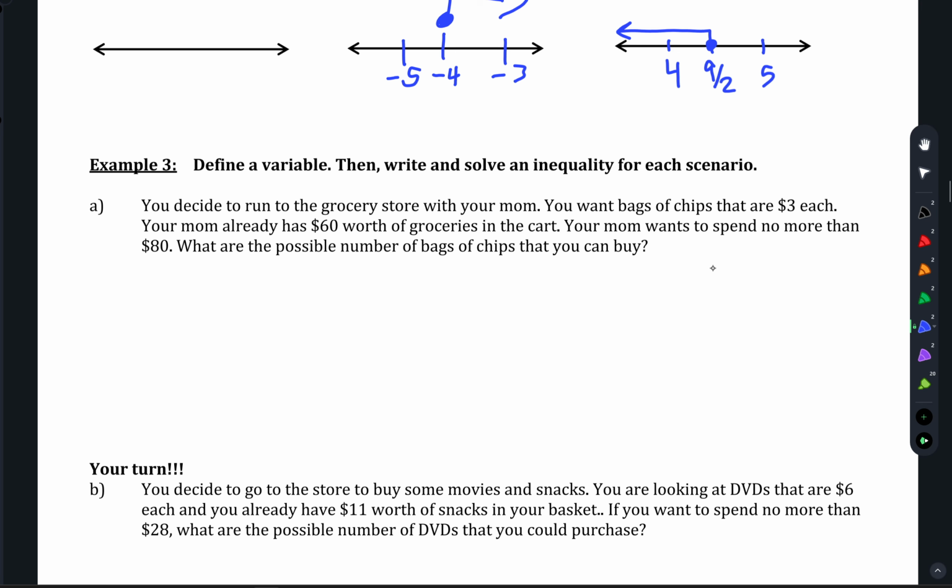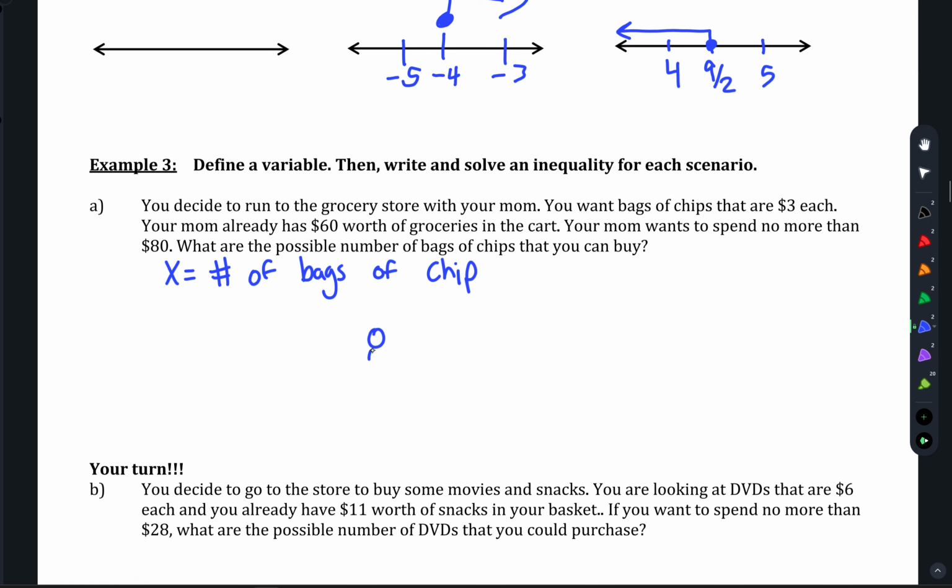What is the question asking us to find? What's our variable? Number of bags of chips. Let's call it X. The first thing that we should do is now look for a total. What's the total value in this equation? 80. We have $80 to spend.